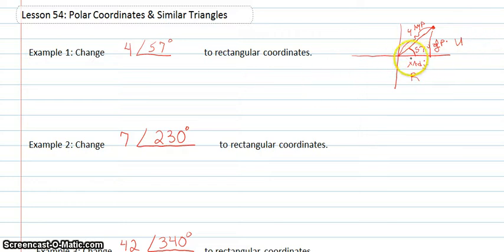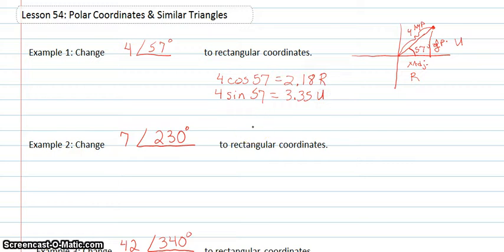To find the x value first, or this r, it would be 4 cosine 57, which would equal 2.18 r. And then to find the y value, it is 4 sine 57, which equals 3.35 u.